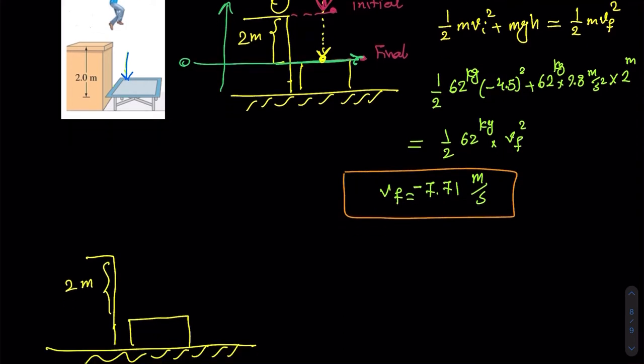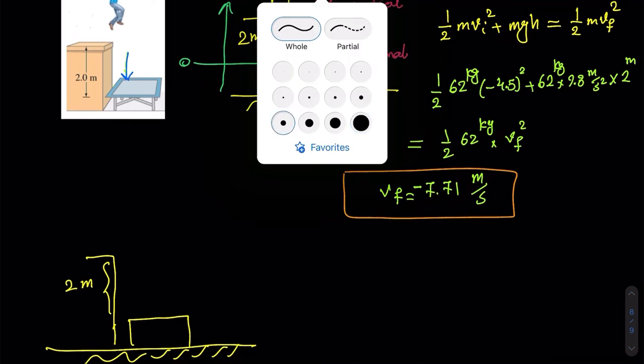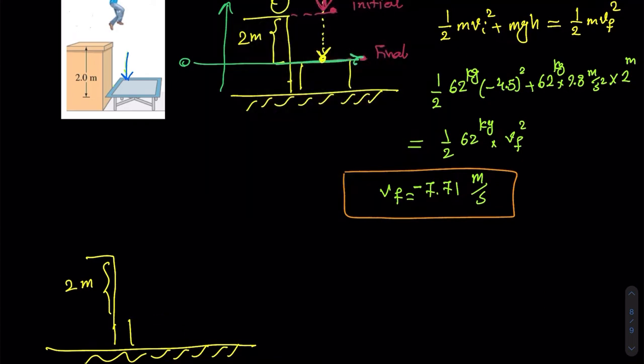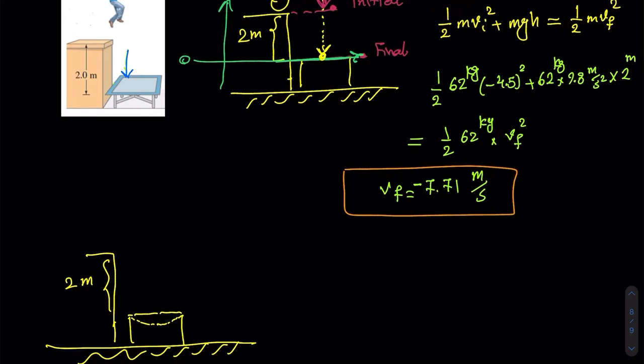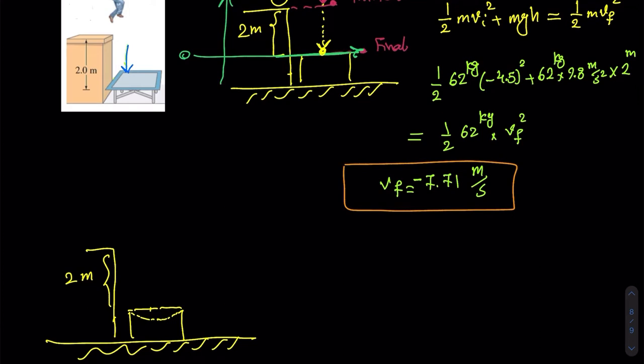And let's say the trampoline will be like that, because the person lands on it. So when it lands on it, it will be compressed.